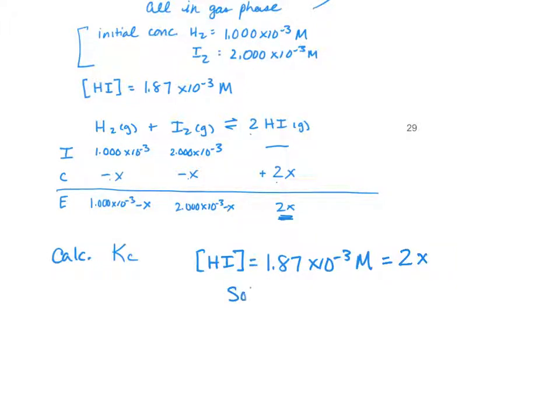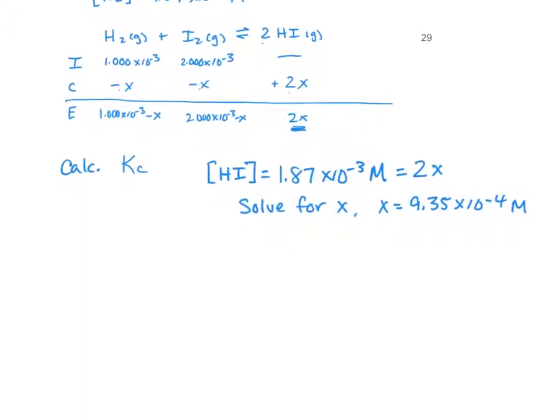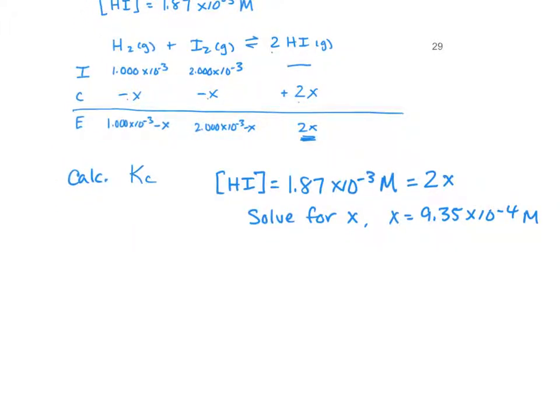Now we solve for x. We get x is equal to 9.35 times 10 to the minus 4 molar. And we can solve for the concentration of H2 and I2. So we already have our concentration of HI.